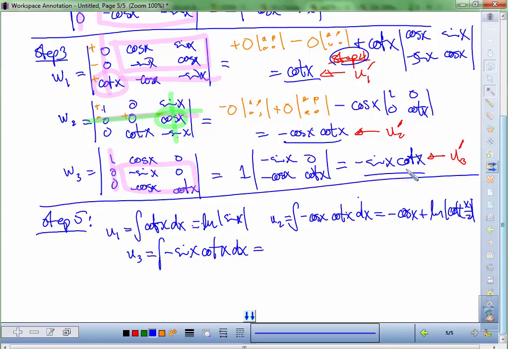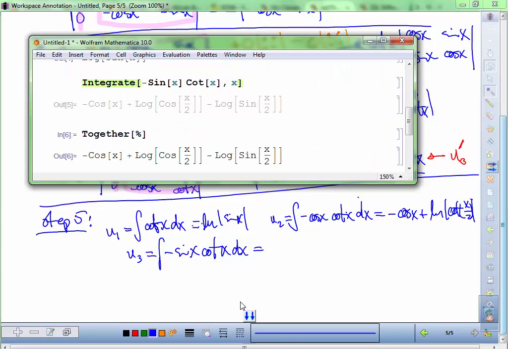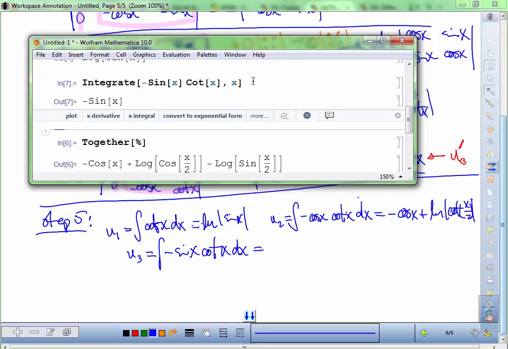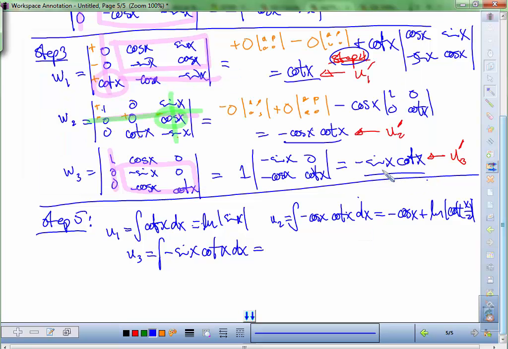For the last one. Oh, for that, yeah. So I didn't even have to do this, but I'm writing it down anyway. So the signs will cancel. You just have negative cosine x, the antiderivative of that.